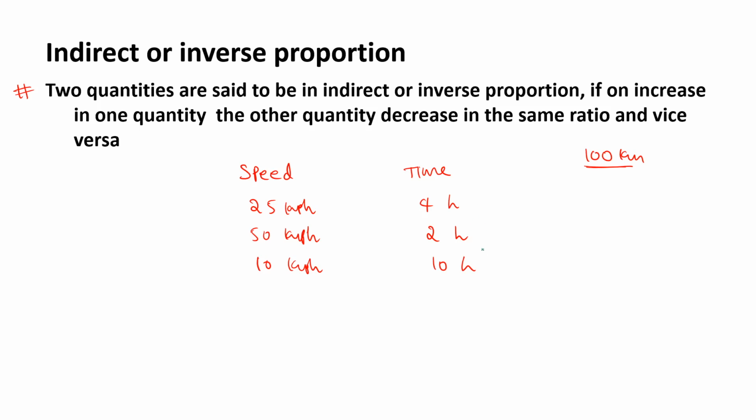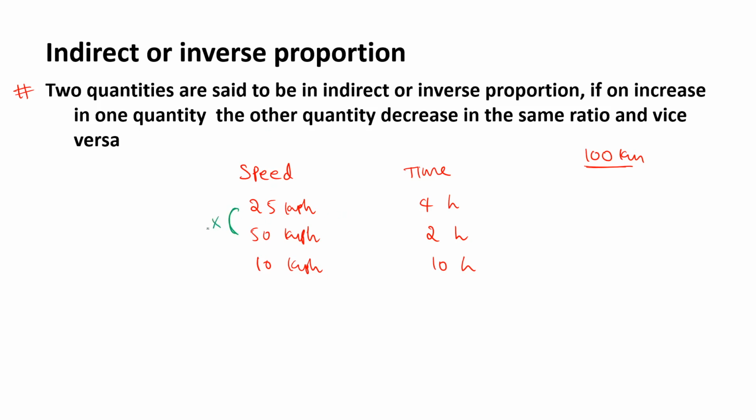Now we can conclude that speed and time are changing inversely, or speed and time are in indirect or inverse proportion. When we increase one quantity, the other quantity decreases in the same proportion, or when we decrease one quantity, the other quantity increases in the same proportion. Just look at this to get clarity.